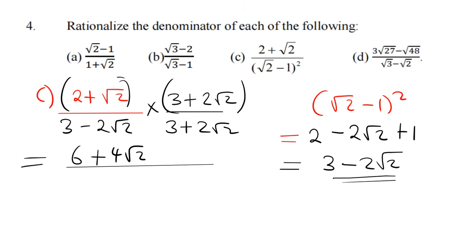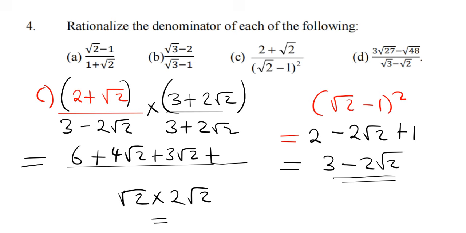Then root 2 multiplied by 3, I'm going to have 3 root 2. Then root 2 multiplied by 2 root 2, what am I going to have? You have to be very careful, plus root 2 multiplied by 2 root 2.